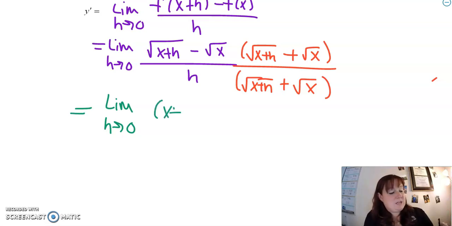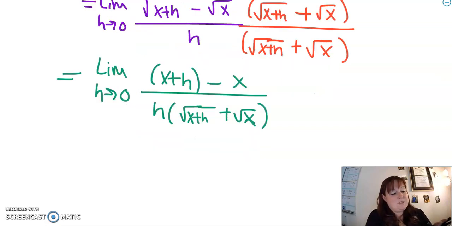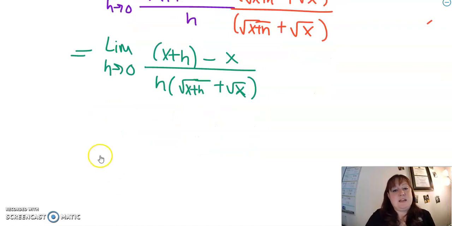So we get x plus h minus x, the middle terms cancel out, because root x times root x is root x squared, which is just x, all over h times root x plus h plus root x. Okay, so now what do we do? Well, if you look at the top, you see that this is x plus h minus x, so those x's actually cancel out.